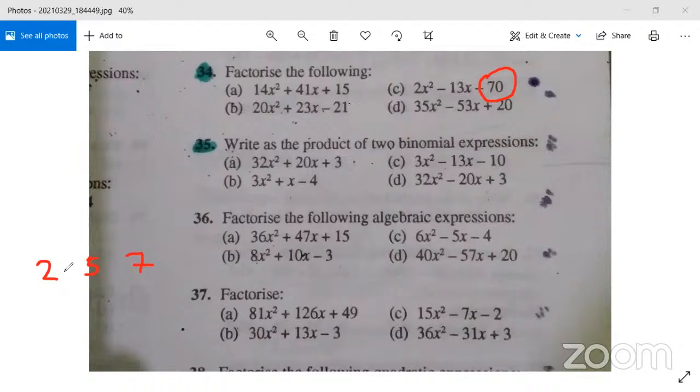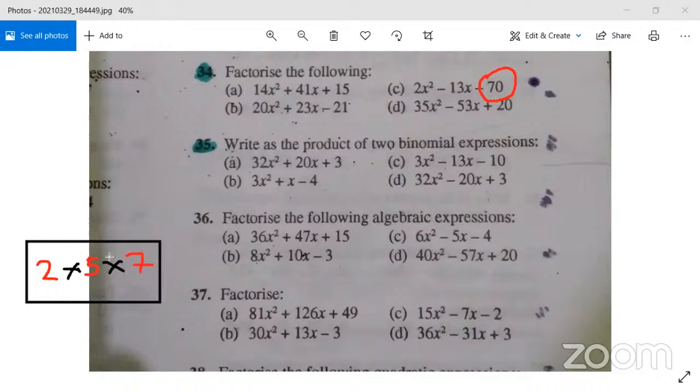So everything you're seeing right there, these are the prime factors of 70.